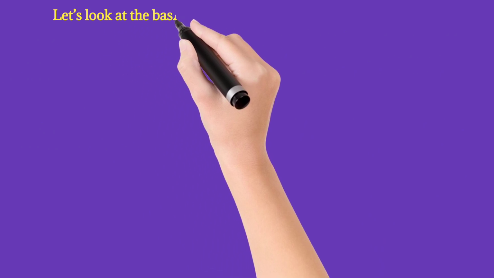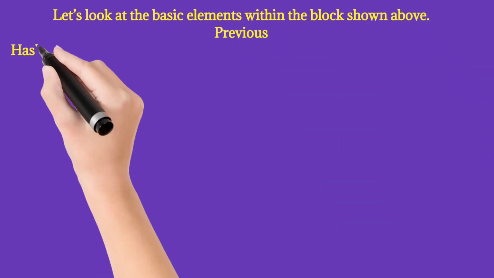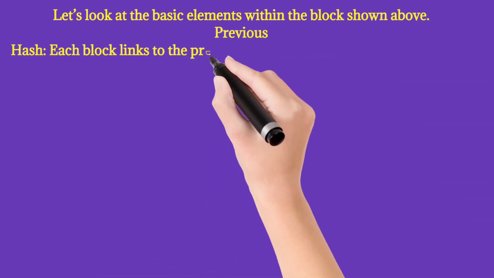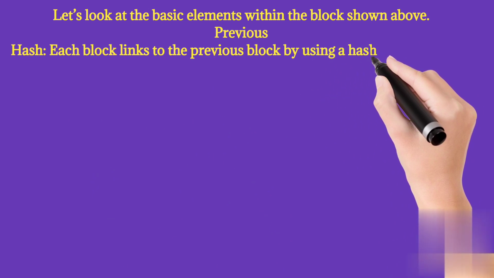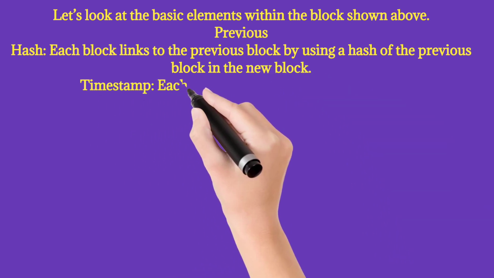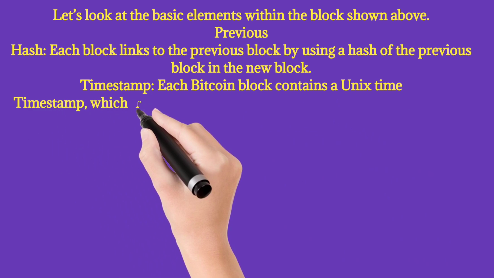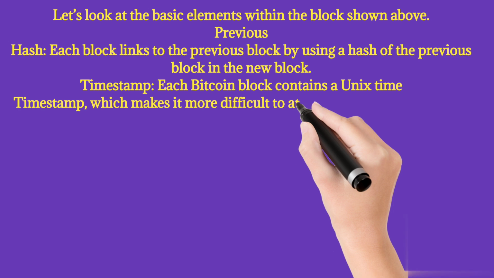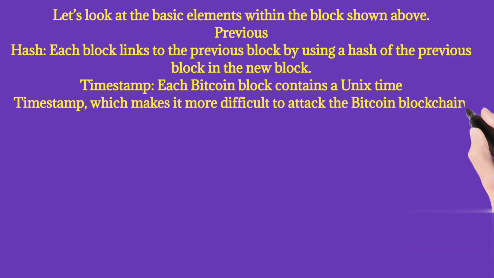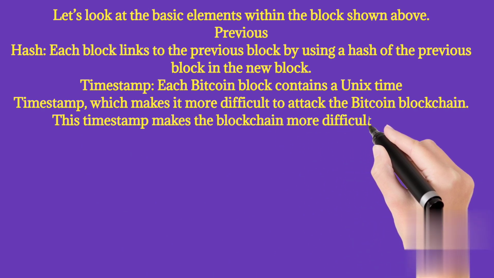Let's look at the basic elements within the block shown above. Previous hash. Each block links to the previous block by using a hash of the previous block in the new block. Timestamp. Each Bitcoin block contains a Unix timestamp, which makes the blockchain more difficult to attack.